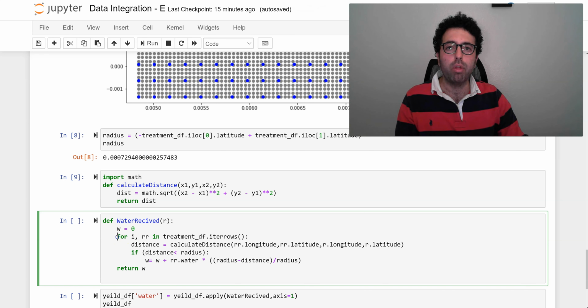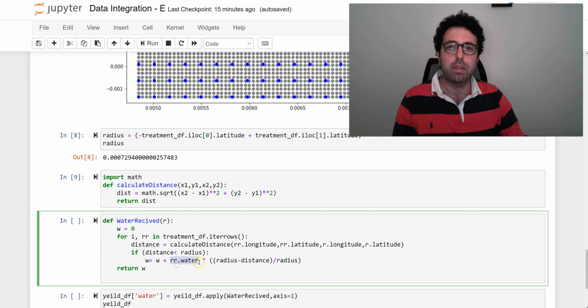So for all of those rows, we go through a loop for all of the water stations, and if that water station's distance from the data point was less than the radius, then we assume that had some effect on the yield of that yield data point.